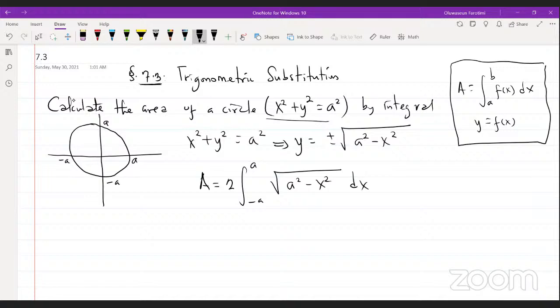Now, since this is going from negative a to a, I can write this as 4 times the integral from 0 to a of the square root of a squared minus x squared dx.